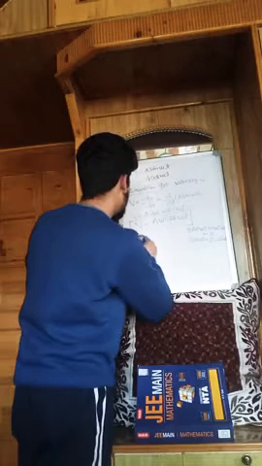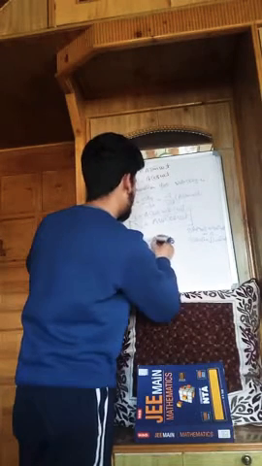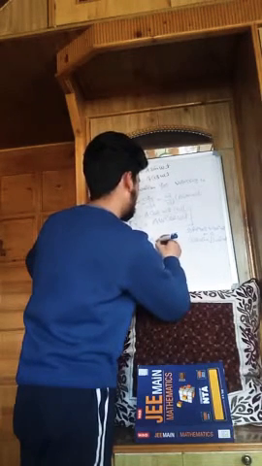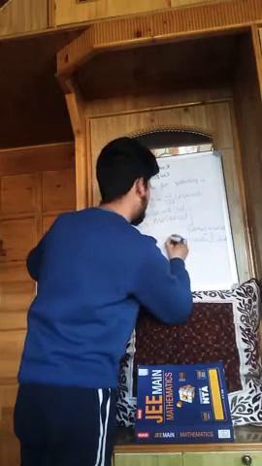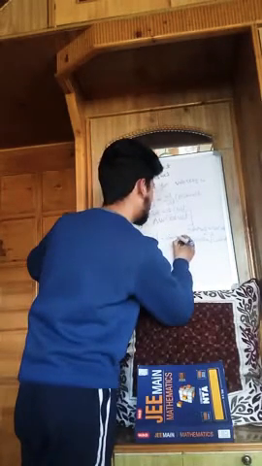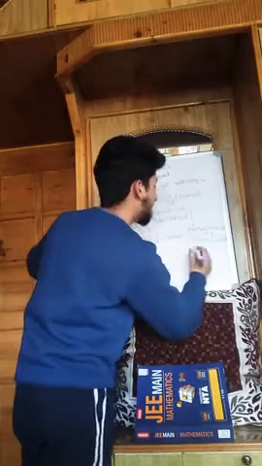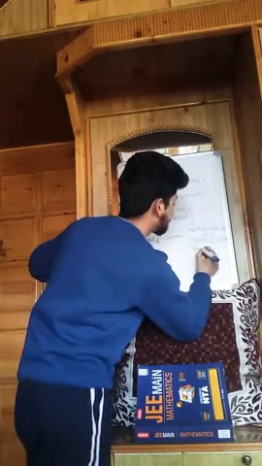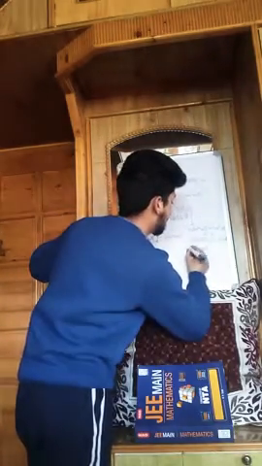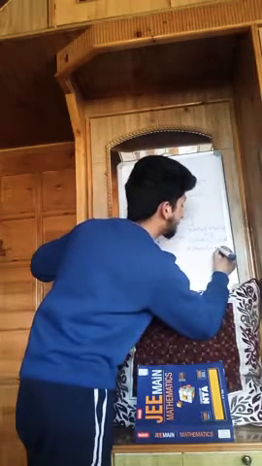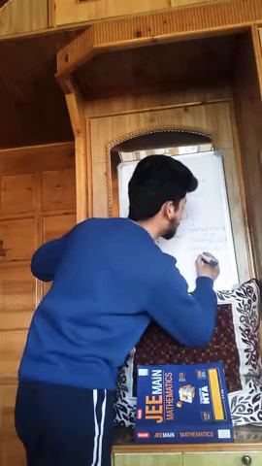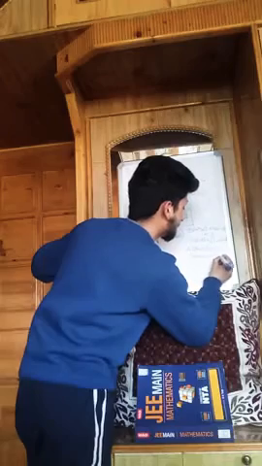So this will be v equal to a omega under root of 1 minus sine square of omega t. As we know, a sine of omega t is equal to y. So sine of omega t will be equal to y by a.